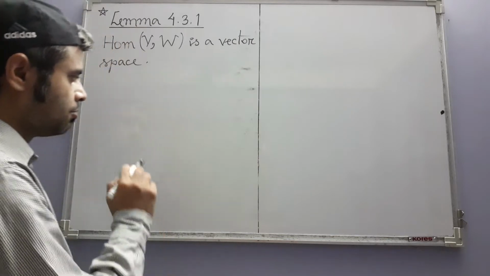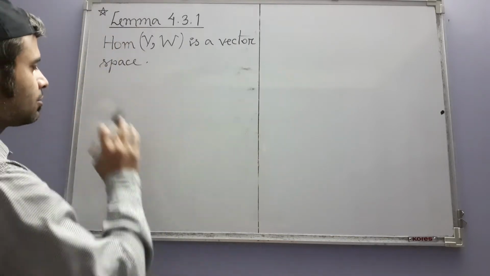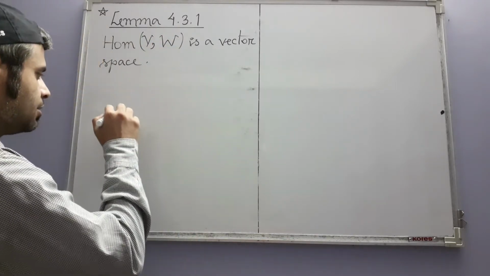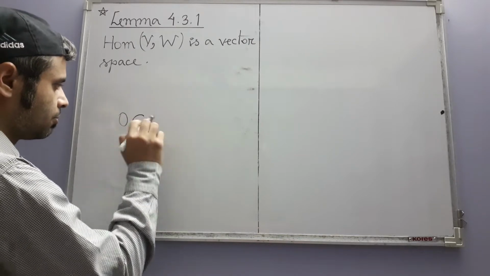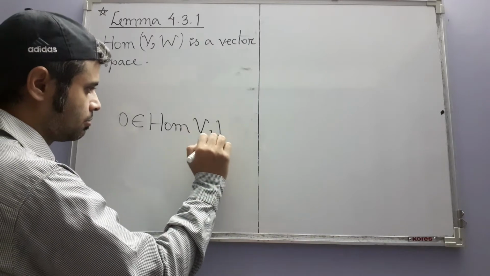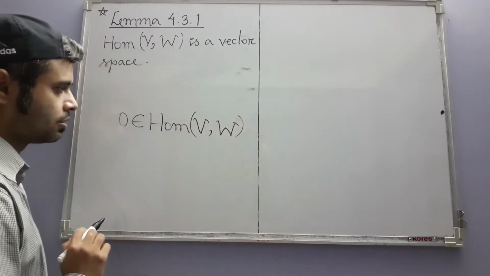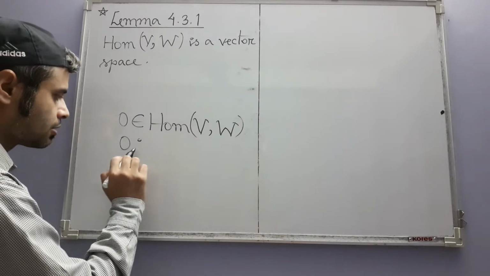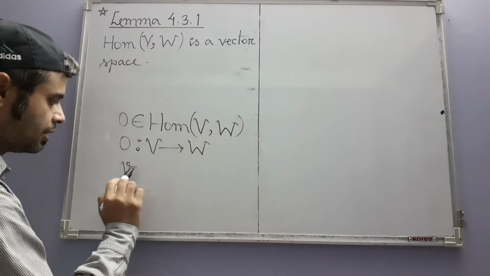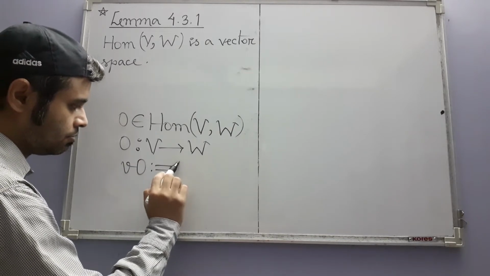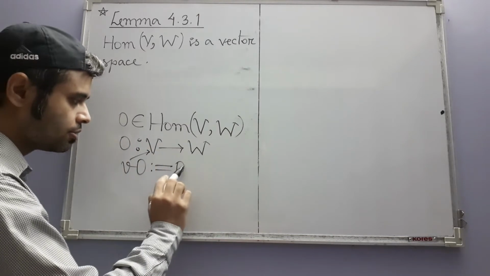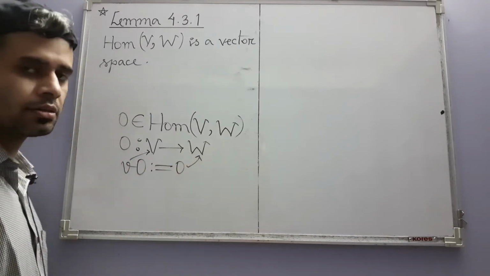First of all we had to make sure that this set is non-empty, and that we did by showing that there exists a zero vector here, which of course is the zero function from V into W, whose definition is this, which maps every element V of the domain space onto the zero element of that second space.